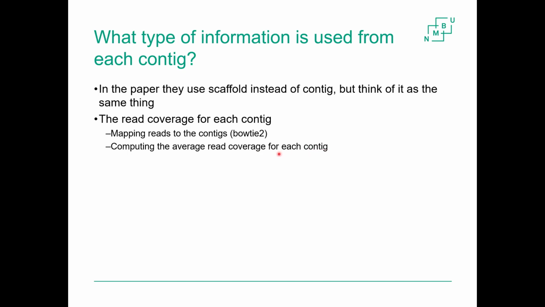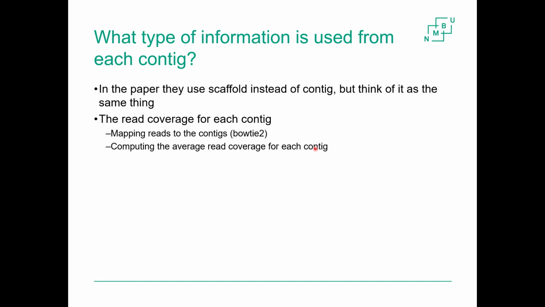We have looked at read coverage computations before in module 5, I think, but now it's done per contig, not per position like we did in module 5. We did it for every single position, but now we do it as an average for each contig. Then the contigs that come out with more or less the same coverage are probably, or at least candidates for, coming from the same genome.